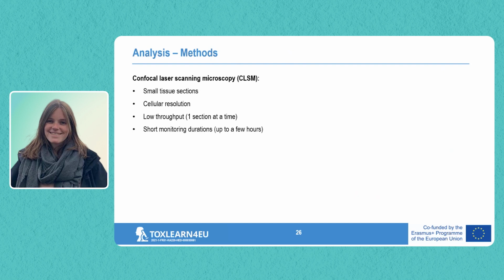And this has some advantages because you can really look at individual cells, which could be of interest depending on your research question. And here you work with small tissue sections because, as Ingeborg also asked, a microscope, you cannot put an entire plant underneath it. So you need to use, for example, an individual leaf or a root tip or just smaller parts of the plant.